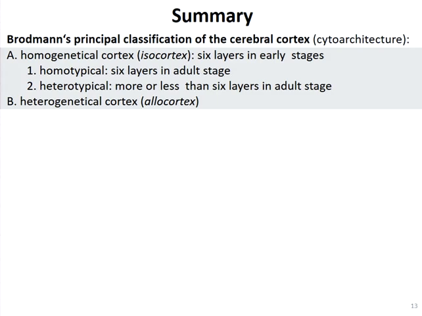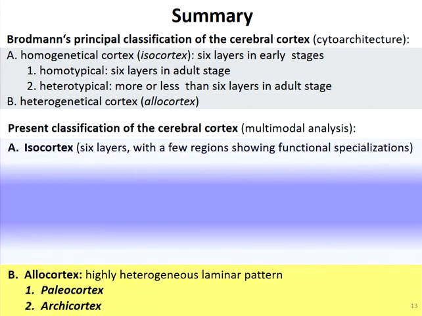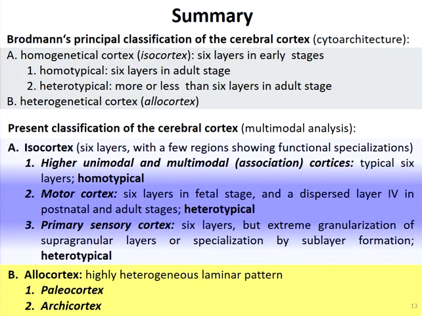But because of the differences in the supragranular and the infragranular layers in the general fingerprints, we would like to propose a new modification of Brodmann's classification of the cortex. So not just have the homogenetical cortex with its homotypical and heterotypical cortex, but have the motor cortex and the sensory cortices as two separate examples of heterotypical cortices, because we consider that the primary motor cortex cannot be classified as agranular.